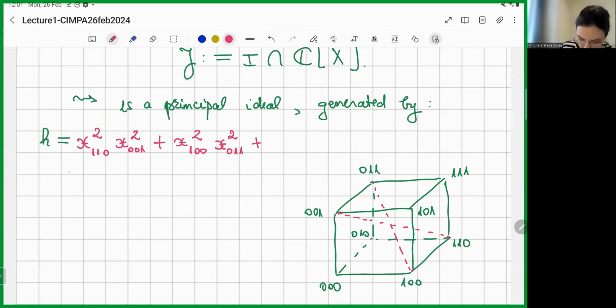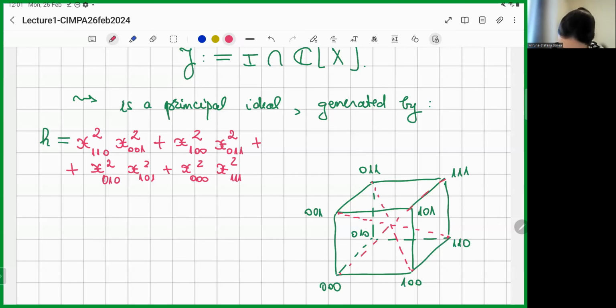Plus we have two more, x010 squared x101 squared plus x000 squared x111 squared. These are all the diagonals: 000 and 111, and the last one 010 and this. Okay. These are some terms of this polynomial that we are interested in.